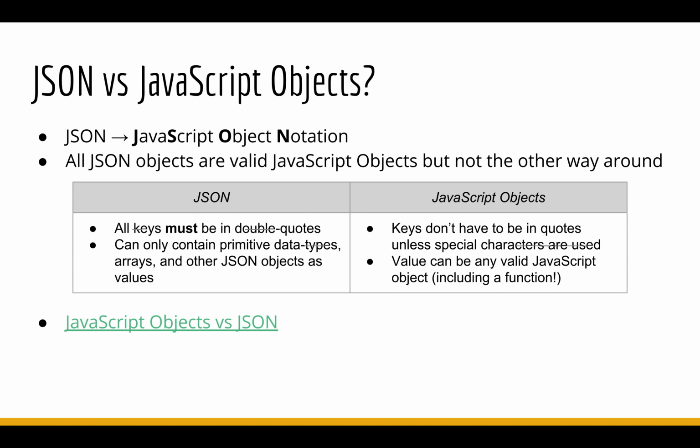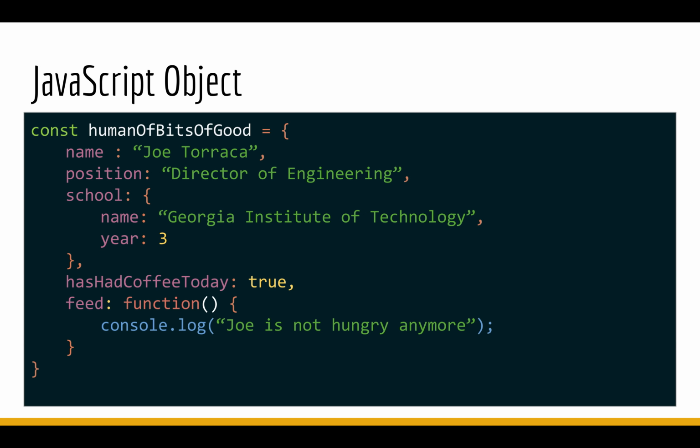Whereas in JavaScript objects, when you declare them, keys don't have to be in double quotes, and also the values can be things like functions. So that's quite different. This isn't something that's super important, but just keep it in the back of your mind. Here we'll see an example.